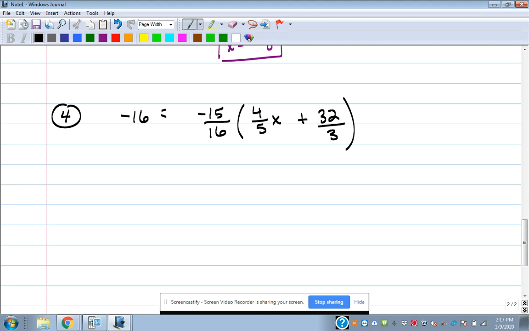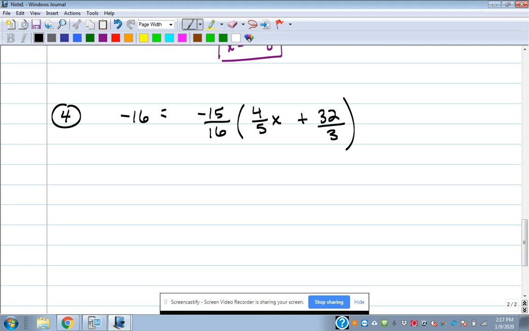All right, so let's first talk about the trick that can make this a little bit easier. On the right-hand side, what's your first instinct to do? Distribute. Well, you could, but I don't think it really helps that much. If you distribute here, you're going to end up having to multiply two fractions by another fraction, right?